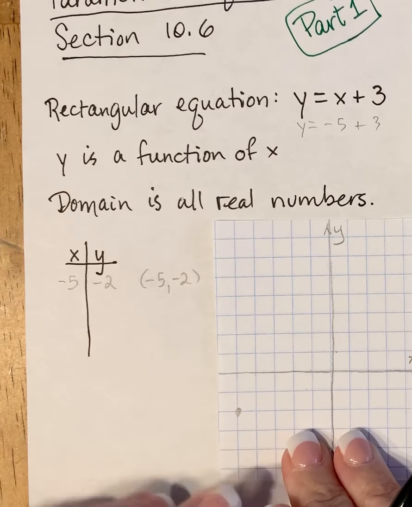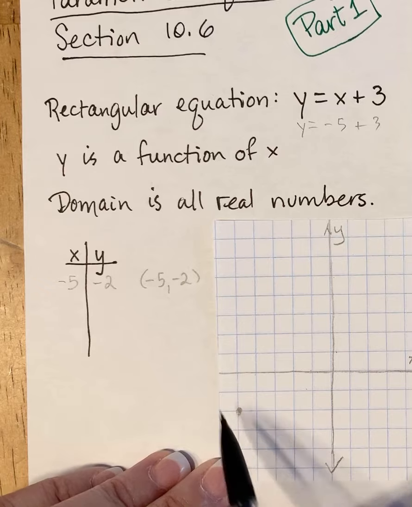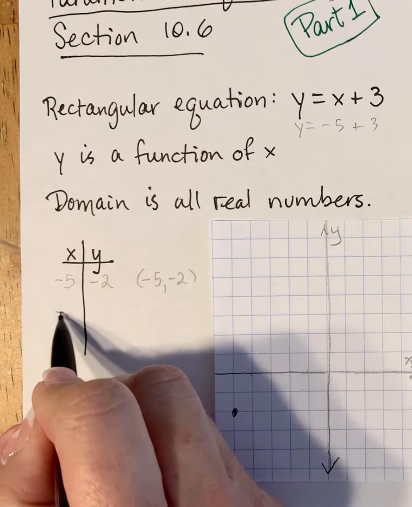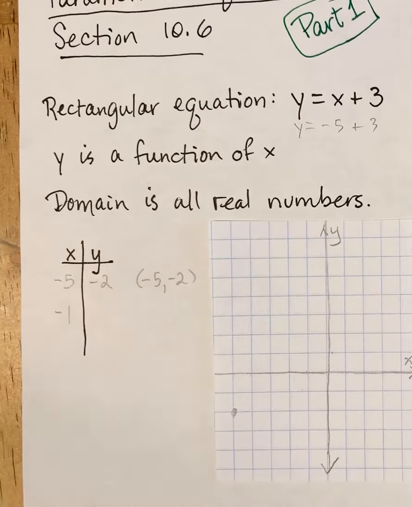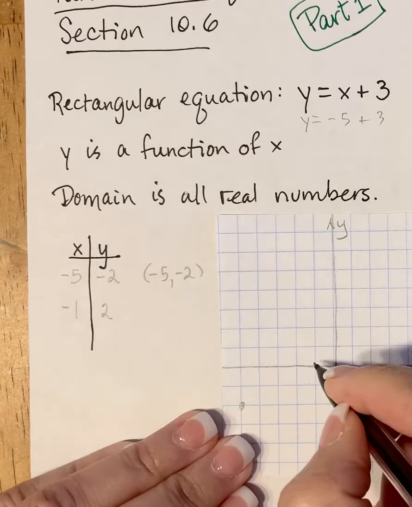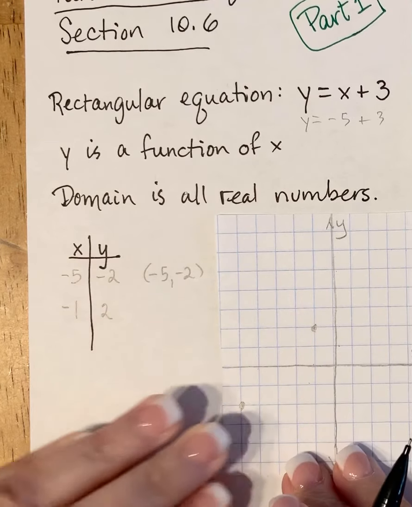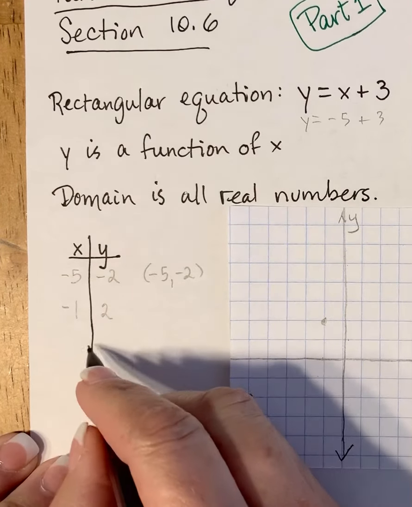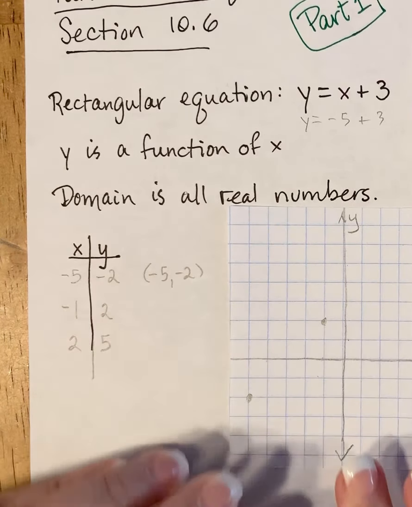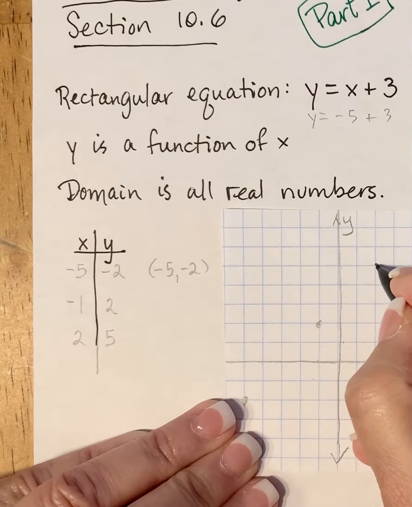All right, so that's a visual of one solution of that equation. And of course, you could randomly put some other numbers in there. If you use -1 for x, then you'd have +2 for y. Or if you put in +2 for x, then you would get +5 for y.